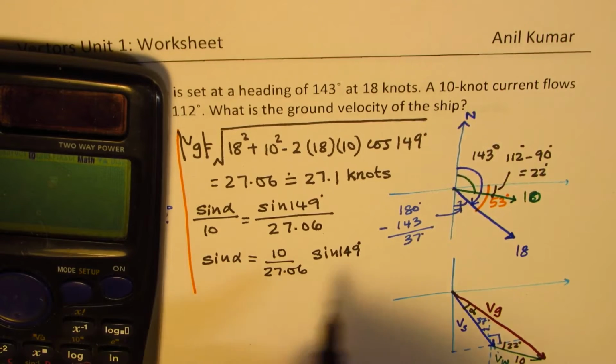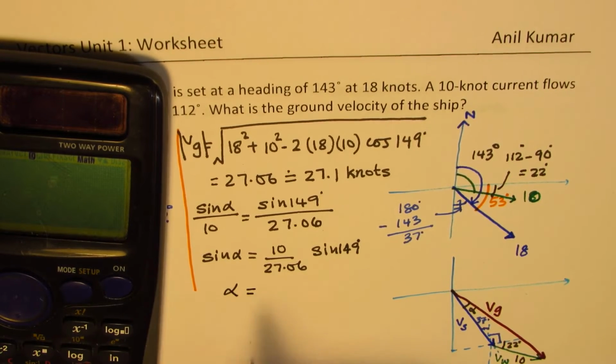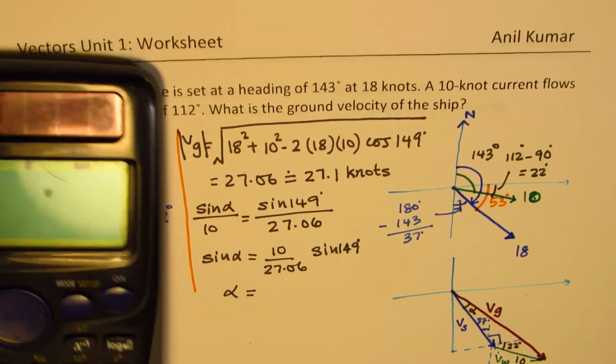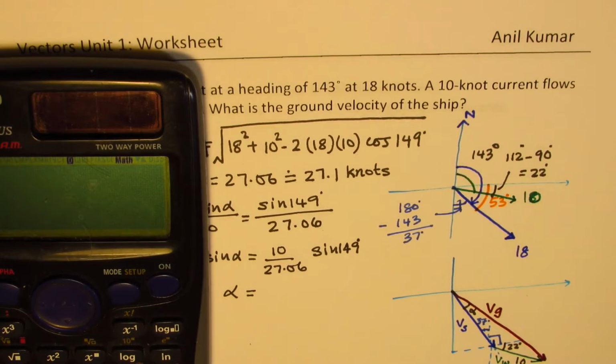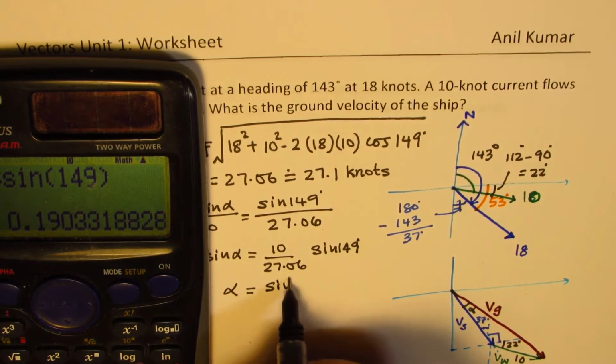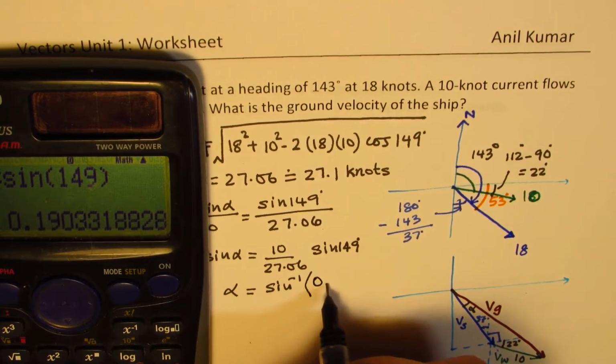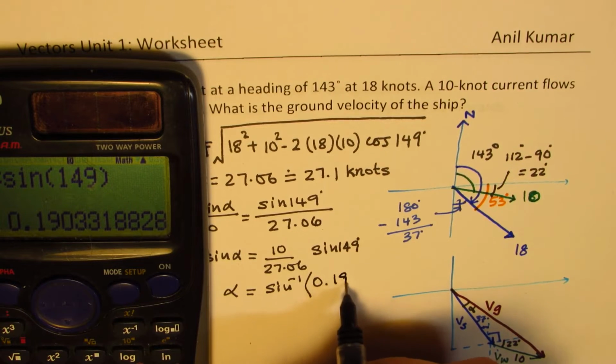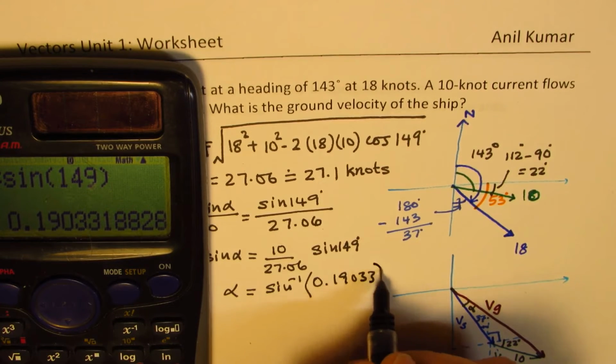So we'll find alpha as sine inverse. So we get alpha as, we'll do sine inverse, first calculate. So we have 10 divided by 27.06 times sine 149. So this is, we'll do sine inverse of that angle. This is 0.1903. Right?